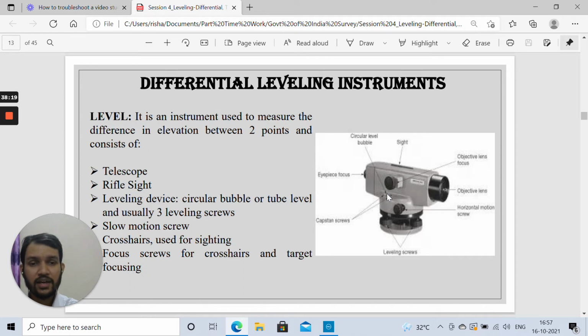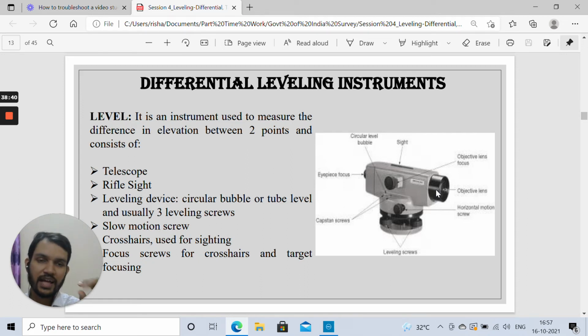Now there is also one horizontal motion screw. Its use is also very important. Once you have sighted the leveling staff through the telescope, suppose it has been placed at an unknown station and you have sighted it. Suppose that leveling staff is just left or just right of the point which you have sighted.